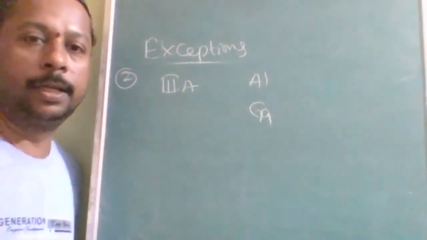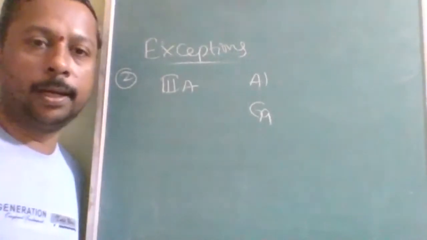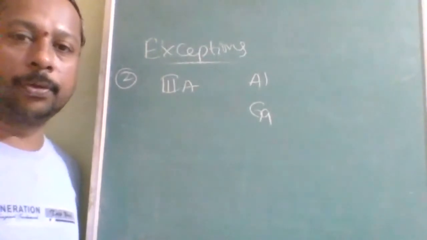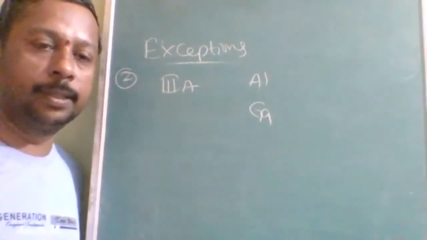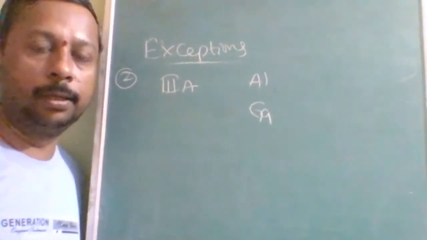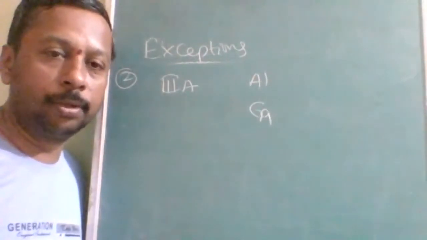The next exception is in the third A group: boron, aluminium, gallium, indium, and thallium. There was already an exception in atomic size also, aluminium to gallium. What was that exception? If you cannot recollect, go through the notes.